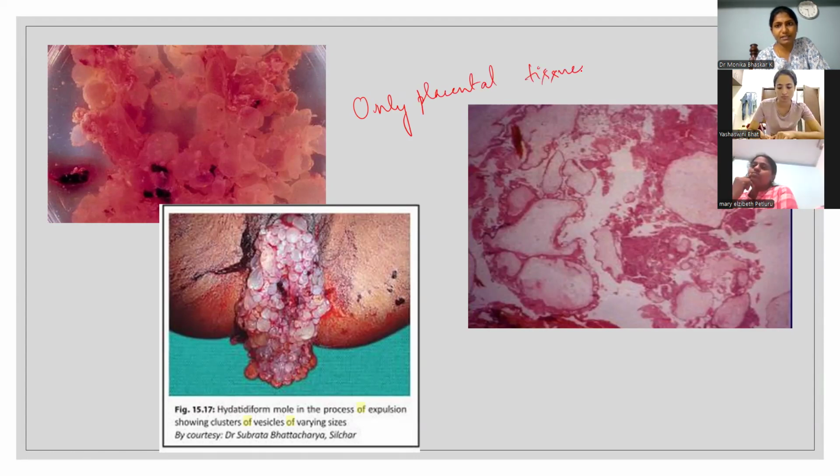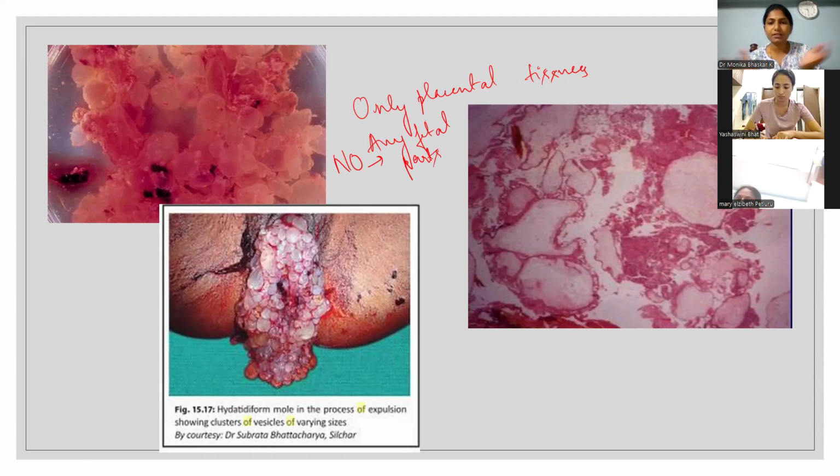There is no presence of any fetus or fetal parts. So this is completely the proliferation of the trophoblastic tissue. We cannot notice any fetal parts in a complete hydatidiform mole.